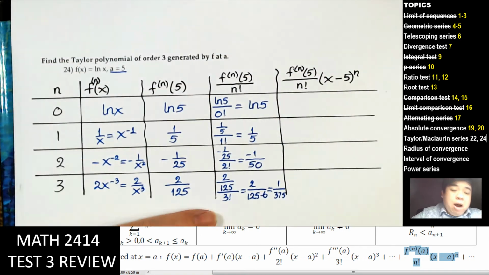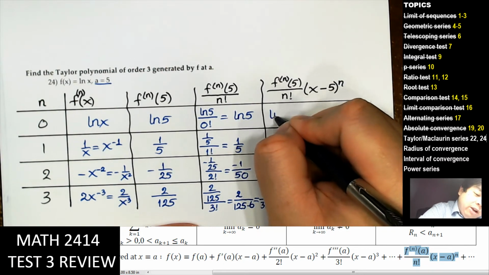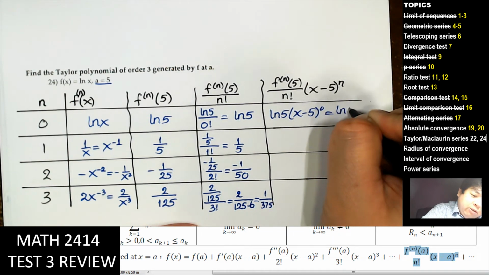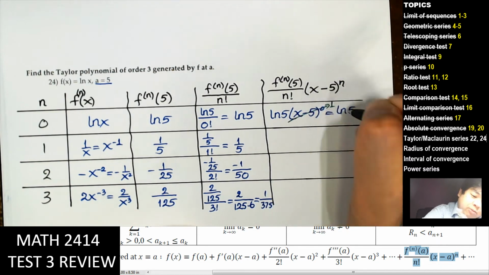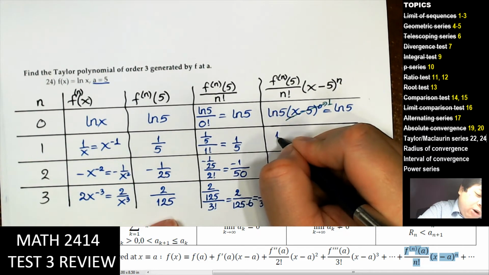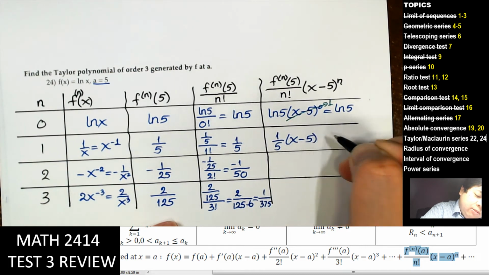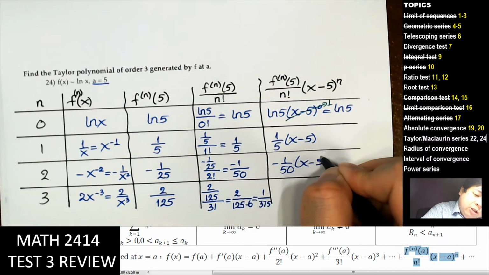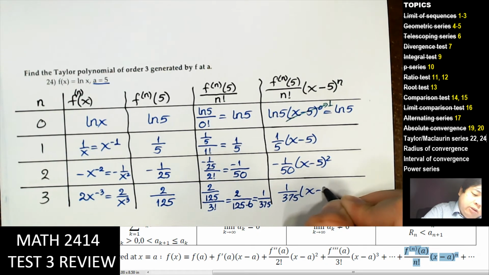Then now we just multiply by the power of x minus the number to the n power. So we have ln of 5 times x minus 5 to the 0 power, or just ln of 5, because anything raised to the 0 power is 1, except for 0 raised to the 0 power. Right, 1 over 5 times x minus 5 to the first, negative 1 over 50 times x minus 5 squared, 1 over 375 times x minus 5 cubed.